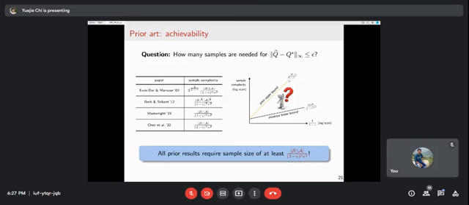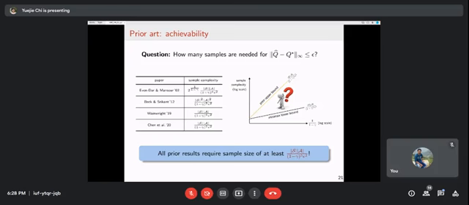If you benchmark this best prior upper bound against the minimax lower bound we just mentioned, you see it is almost optimal with respect to all the parameters, except the dependency on the effective horizon, where the upper bound has a fifth-order dependency and the lower bound has a third-order dependency.